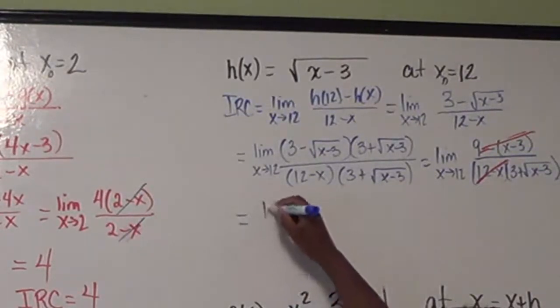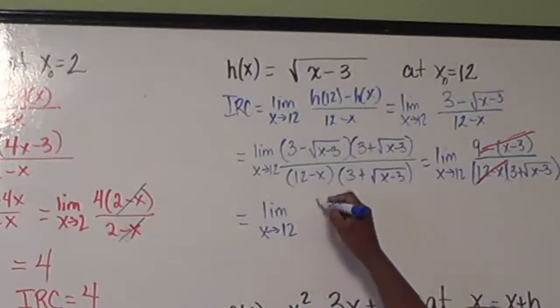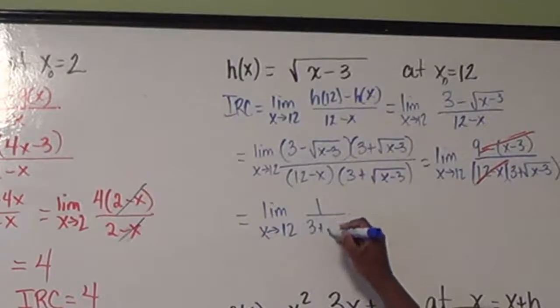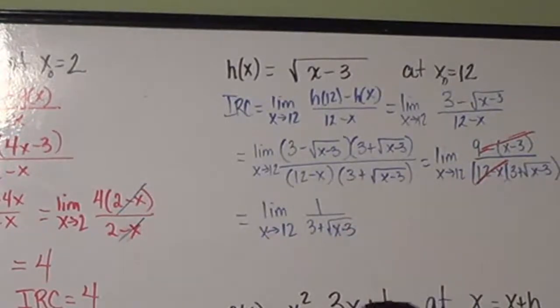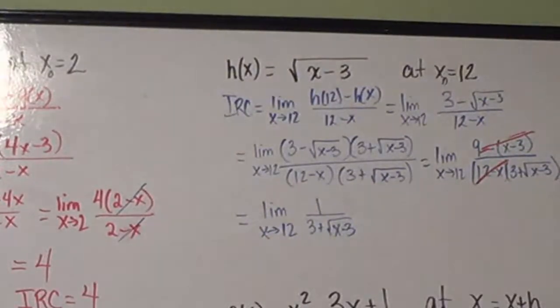And we're left with the limit as x goes to 12 of 1 over 3 plus the square root of x minus 3.